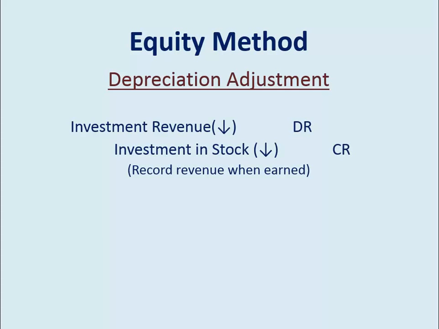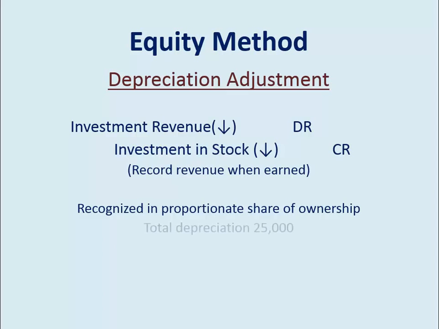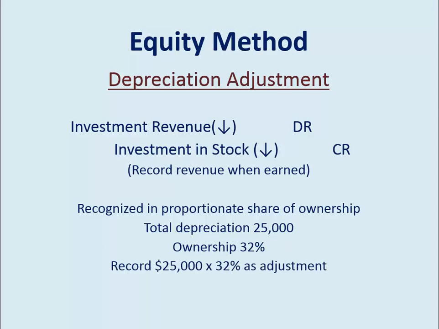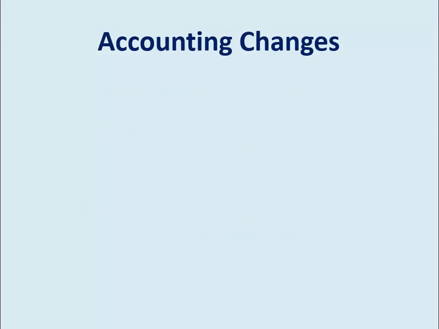And this would be your depreciation adjustment. Again, this is looked at in more detail in terms of what this depreciation actually is. Investment revenue is decreased. Investment in stock is decreased. Make sure you only apply your percentage of ownership to this journal entry.